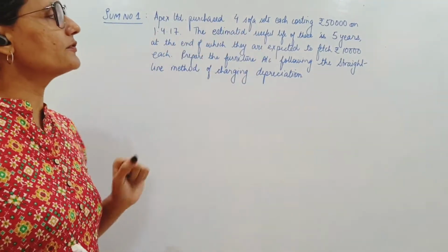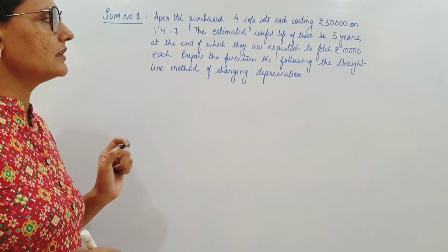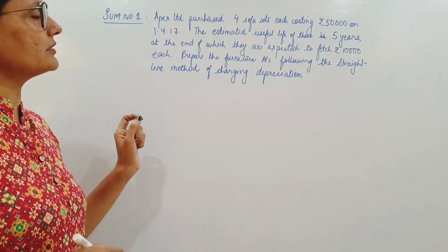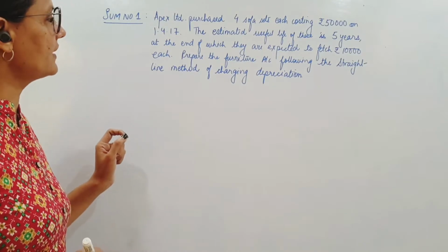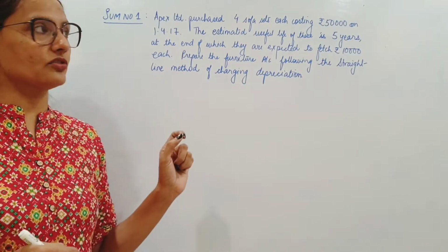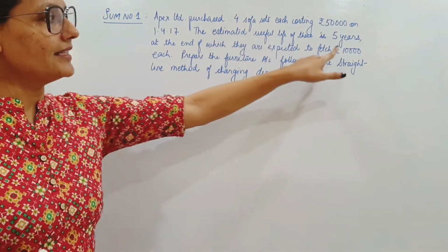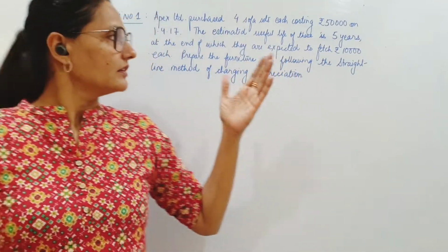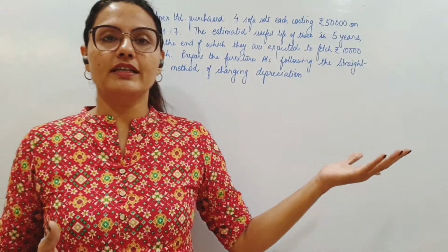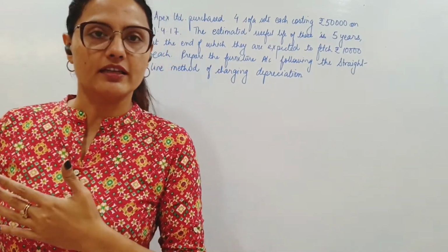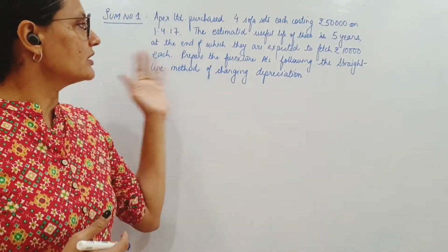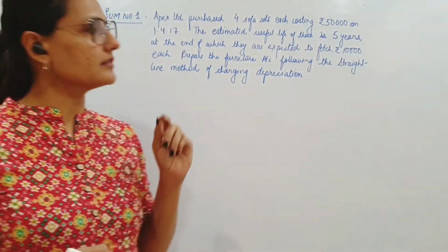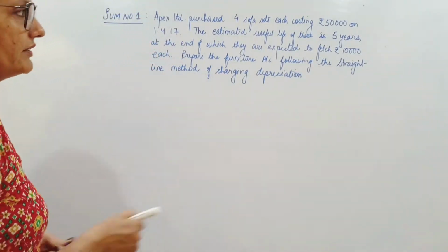The estimated useful life of these is 5 years, at the end of which they are expected to fetch rupees 10,000 each. Meaning 4 sofa sets each getting 10,000. What is the scrap value? At the end of the life, it is going to fetch this much, meaning इतने पे बेचोगे, scrap value in other words. So it's 40,000. I will subtract that from 2 lakhs and I will distribute that over 5 years.